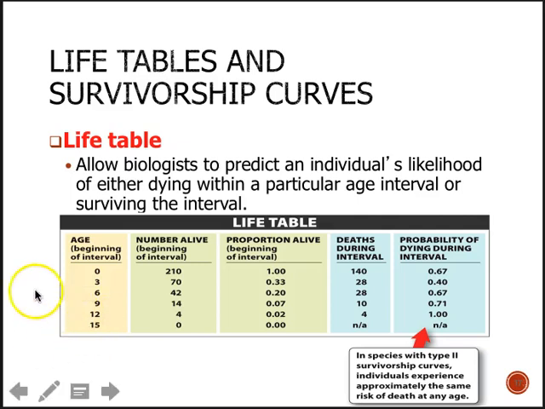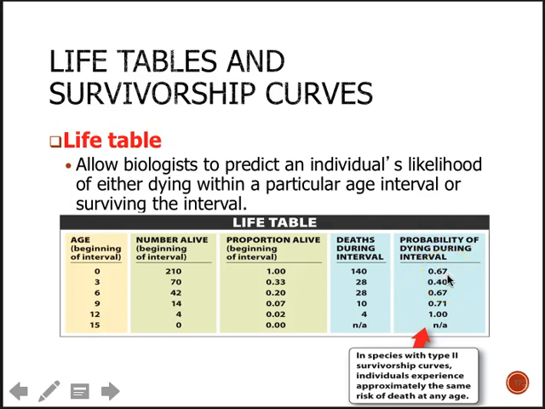So again, looking here, we start out with an initial population of 210 individuals being born. Their age is 0, so they're born. And the proportion of them that are alive when they're born is 100%. I guess that makes sense. In the next column, you see how many have died in that interval. It was 140 individuals that died in this population, which gives an overall probability of 67% dying.